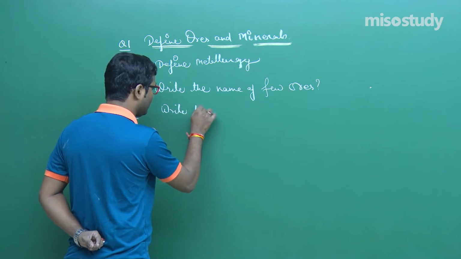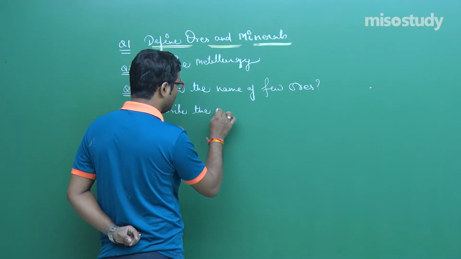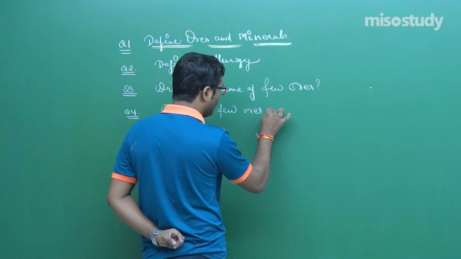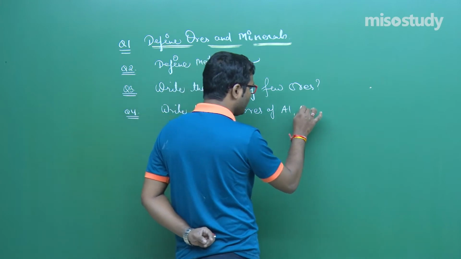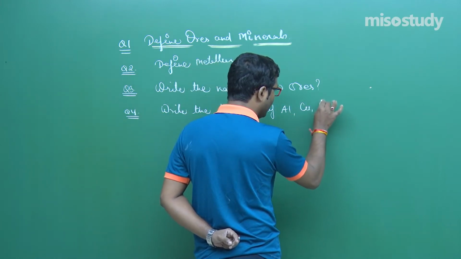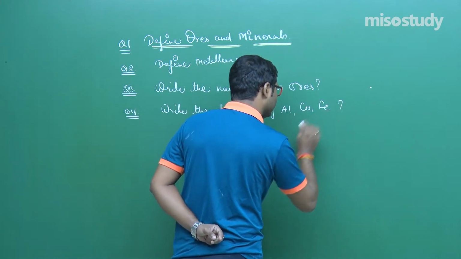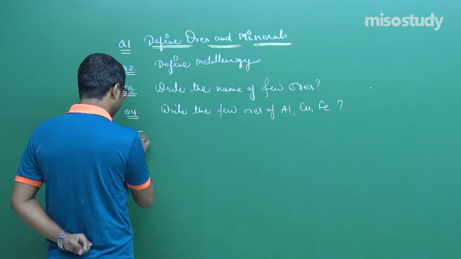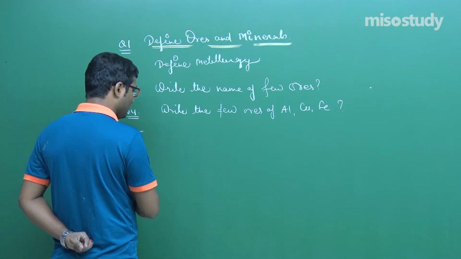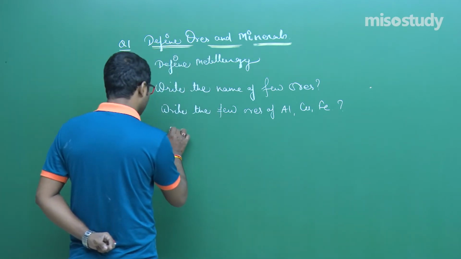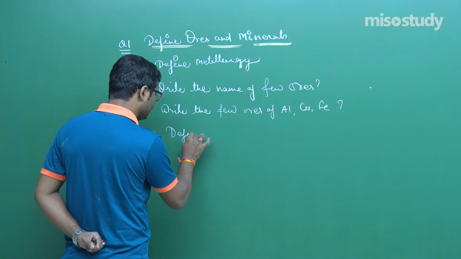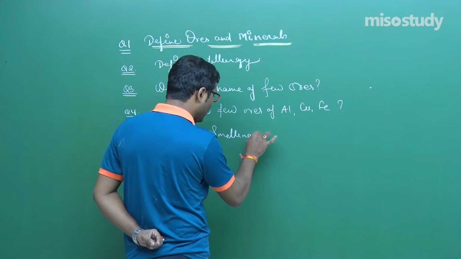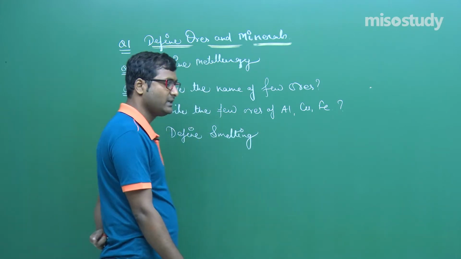Write the few ores of aluminium, copper and iron. Clear, my friend? Next question, define smelting. Clear to you? Again I am repeating, define smelting.